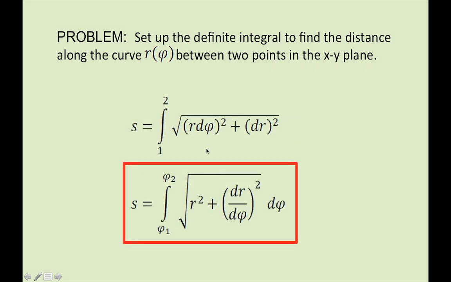Here we have to remember that when we switch variables, the ds term will have an r d phi term and a dr term. Don't forget this r in the r d phi. If we factor out the d phi, we'll get this integral here. I hope you were able to find it. Let's do one more.